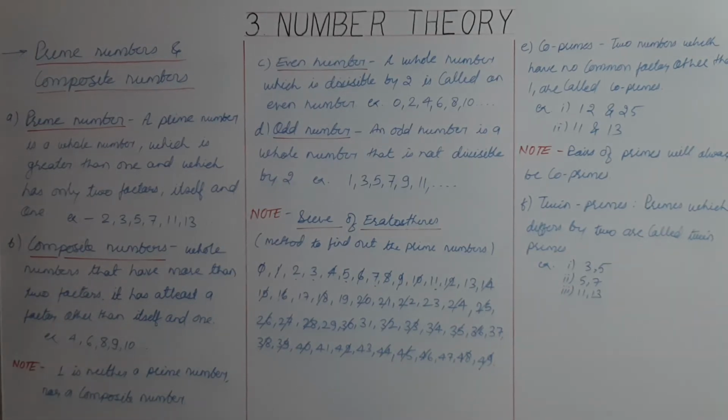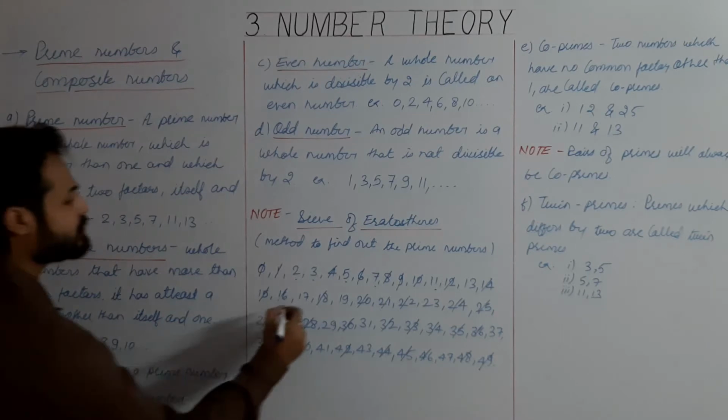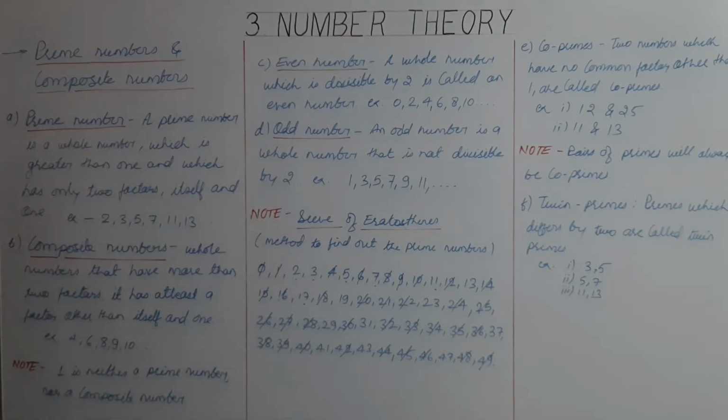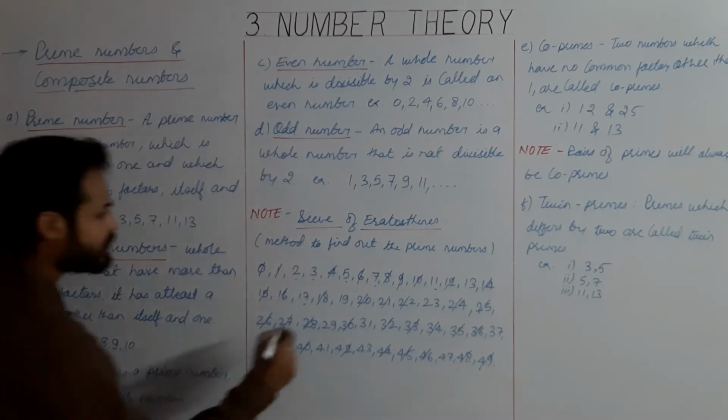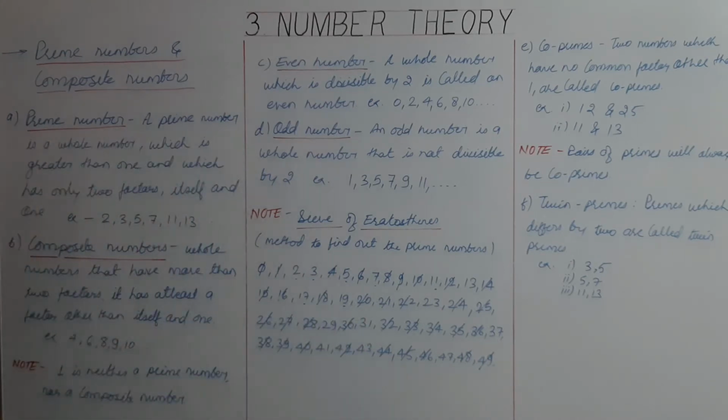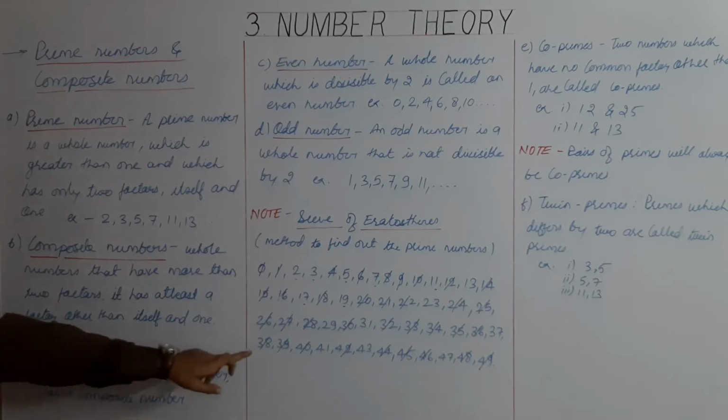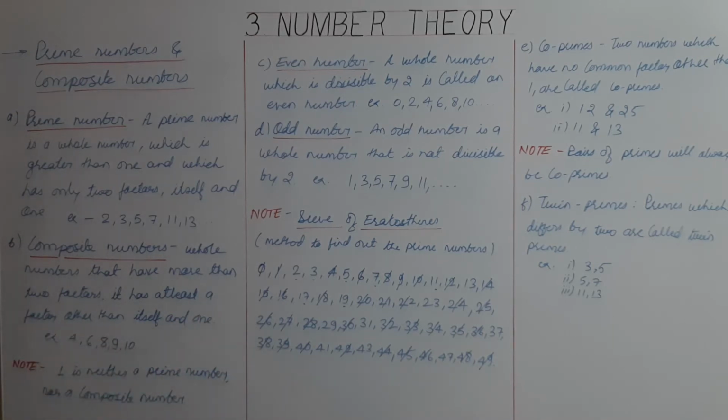After 13, the next uncrossed number is 17. So leave it and cross every multiple of 17. 17 into 2 is 34, already crossed. 17 into 3 is out of range. Then after 17, the next uncrossed number is 19. Leave it and find multiples of 19. 19 into 2 is 38, already crossed. So leave it.